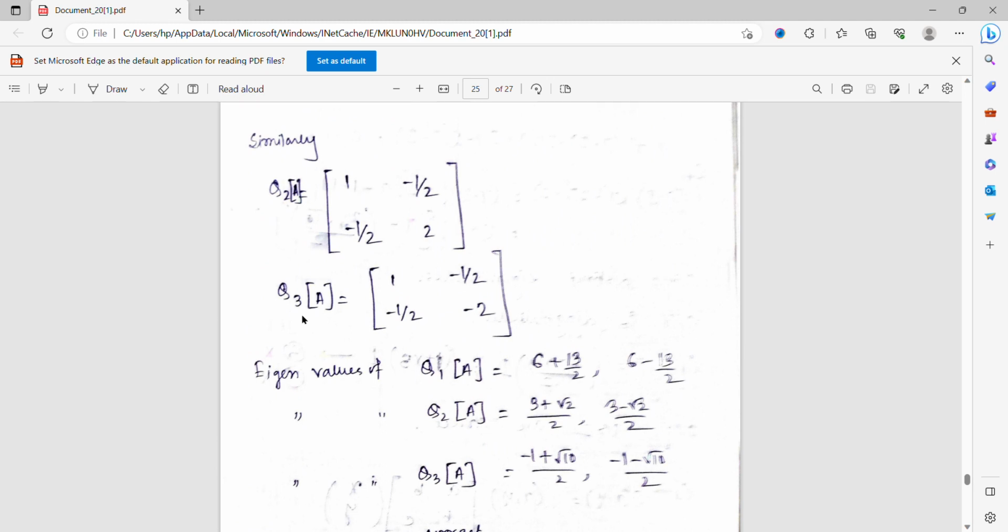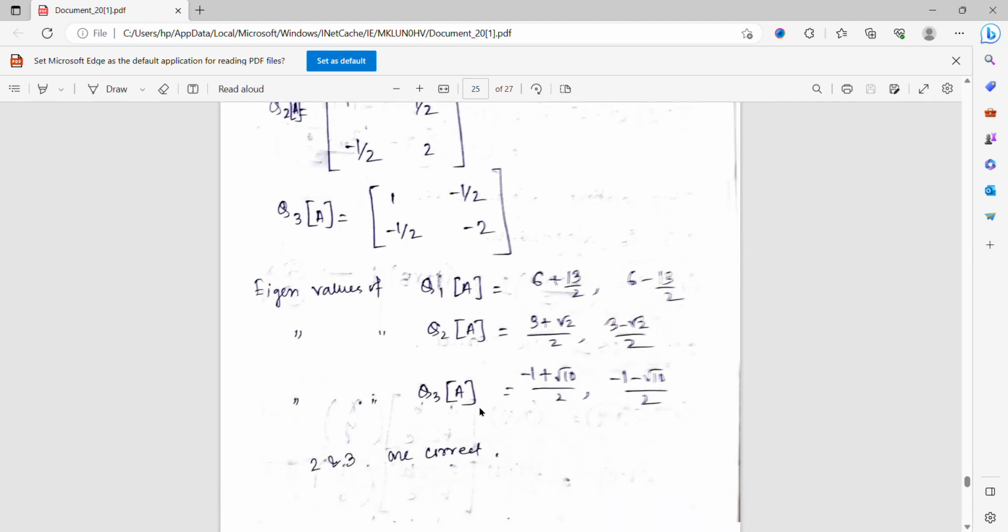Okay, so the eigenvalues of the matrix associated to Q1 are 6 plus 13 by 2 and 6 minus 13 by 2. The eigenvalues of the matrix of the quadratic form Q2 are (3 plus root 2)/2 and (3 minus root 2)/2. And the eigenvalues of the matrix of Q3 are (minus 1 plus root 10)/2 and (minus 1 minus root 10)/2.